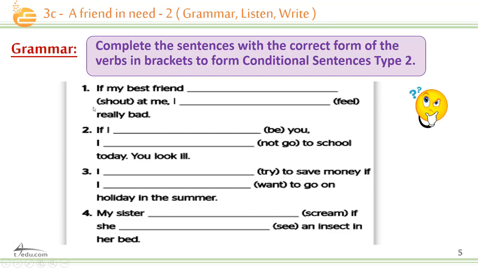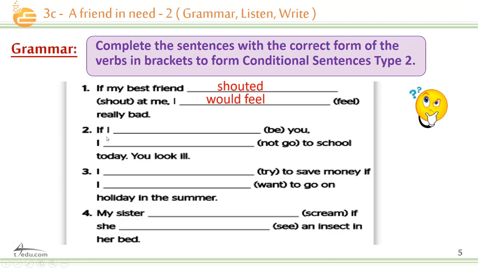So what are we going to say? If my best friend shouted at me, yes, we have the other clause here. We would say, I would feel really bad. Very good. I would feel really bad.